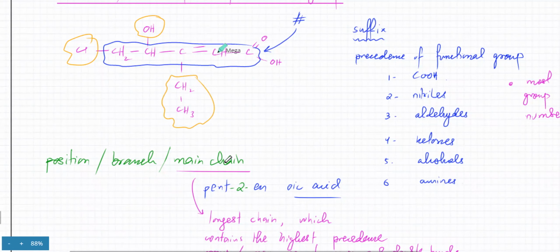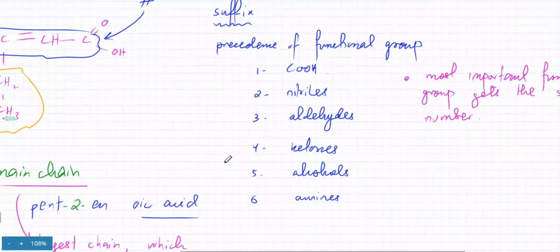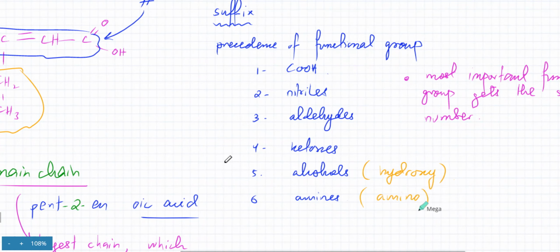Now, one thing about branches: alcohols are going to be called hydroxy groups if they're branches. Amines would be called amino groups, which is why you have the word amino acid.